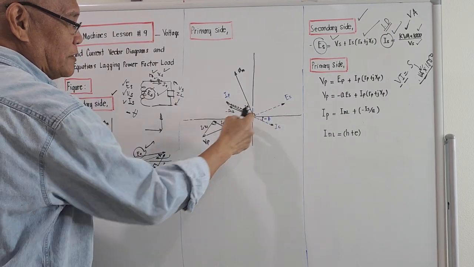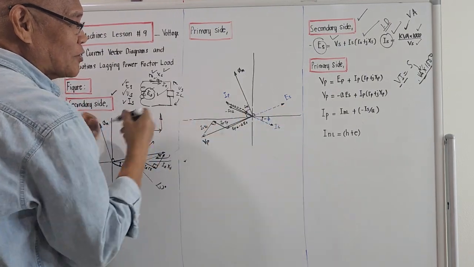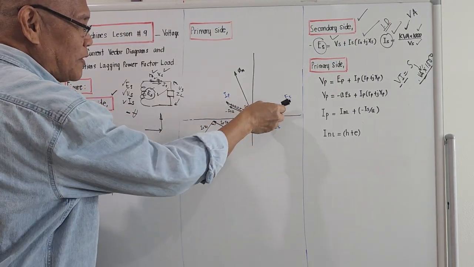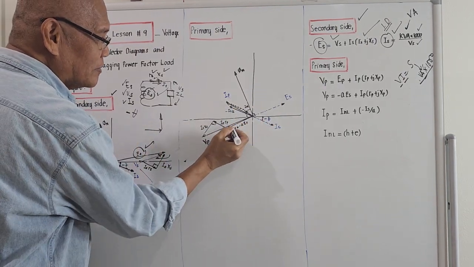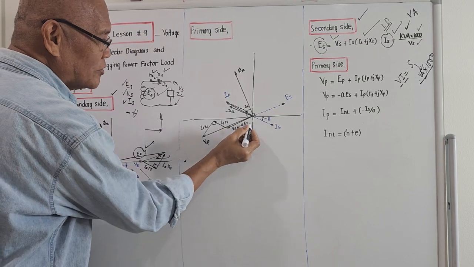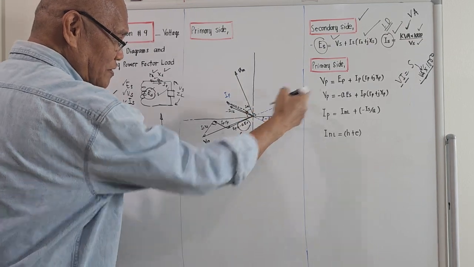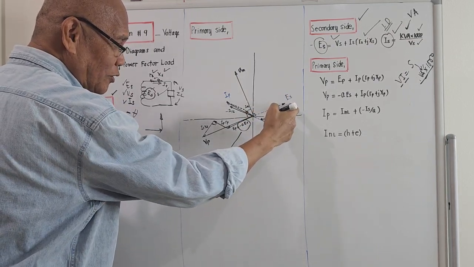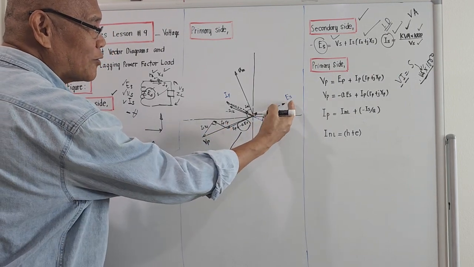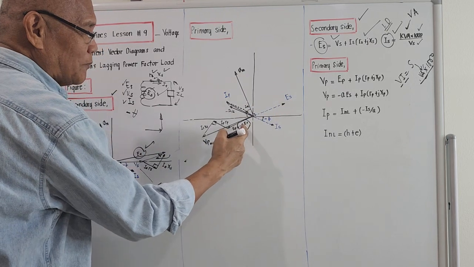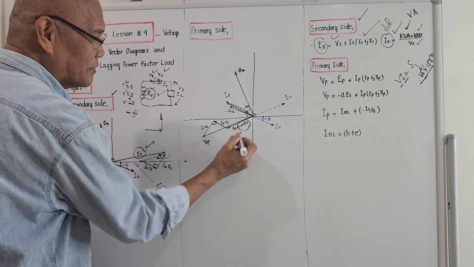So if we try to refer this to the primary side, okay, we will take the reverse of this. If this is plus, we will take the reverse of that. It will be this value here. Okay, so this should have a negative sign over here, because this is plus. And if we try to take the equivalent of this in terms of primary, it should be A times E sub S, whatever the computed value of E sub S. We multiply that with the ratio of transformation, but there should be a negative sign because it's opposite, right?